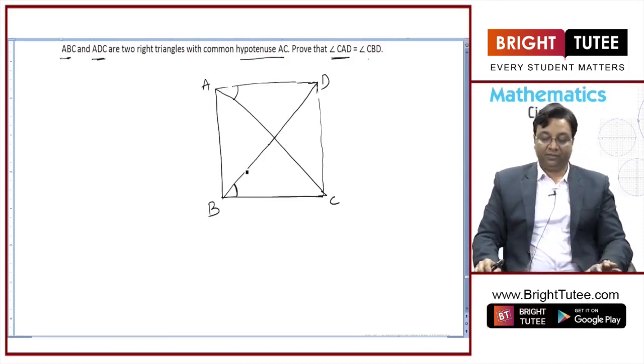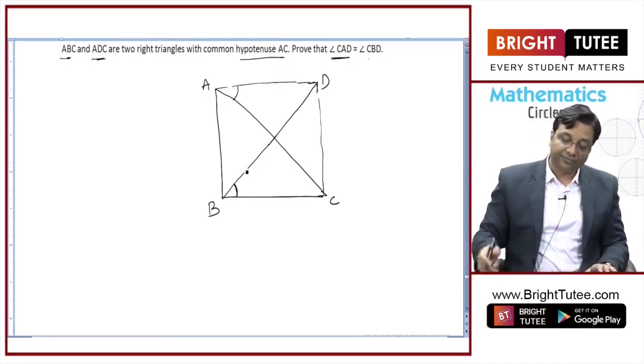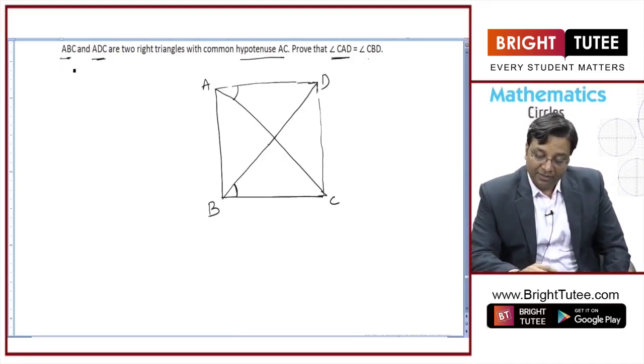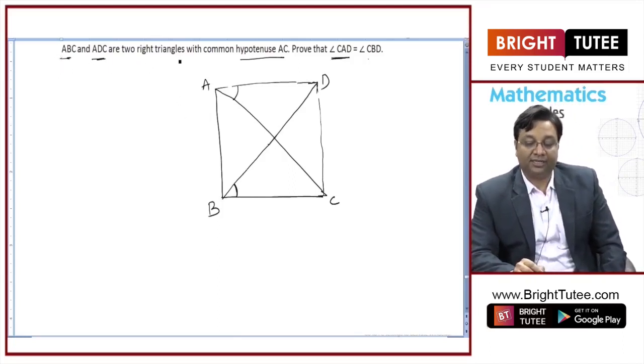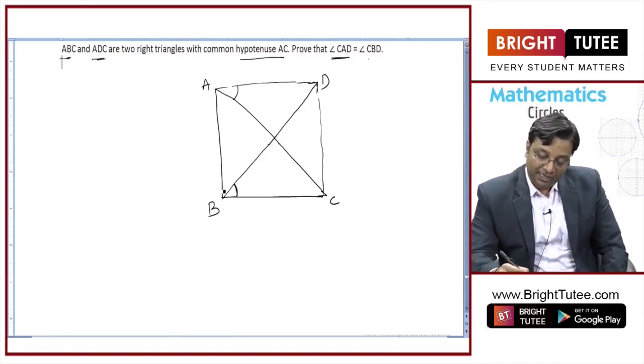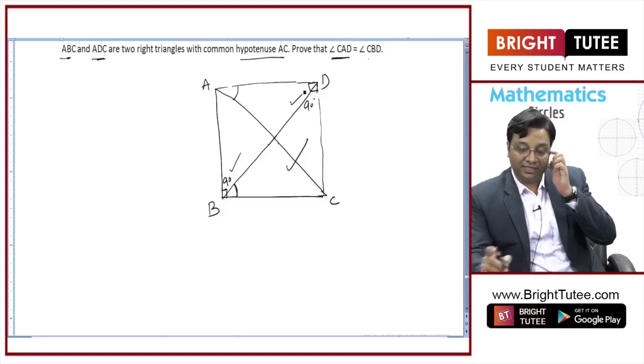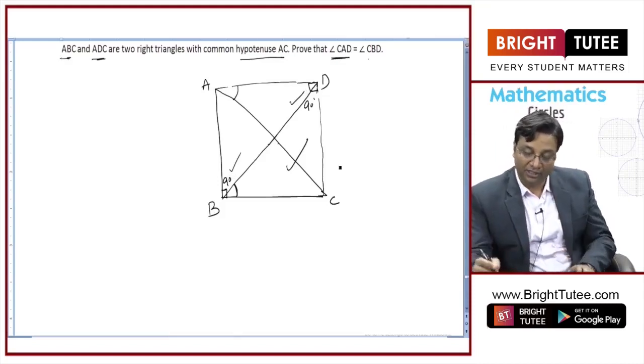It is very easy for us to show. Why? Because we know that ABC and ADC are two right triangles with common hypotenuse AC. So, because AC is hypotenuse, this angle is 90 and this angle is also 90, right? And if sum of opposite angles of a quadrilateral is 180, then that quadrilateral is a cyclic quadrilateral.